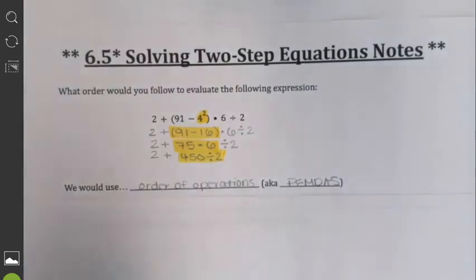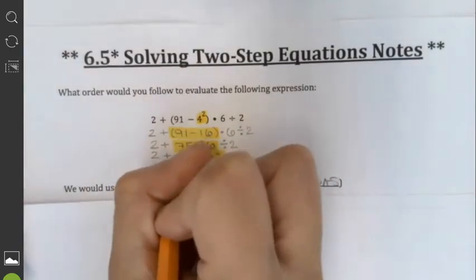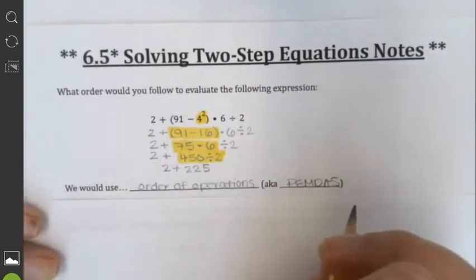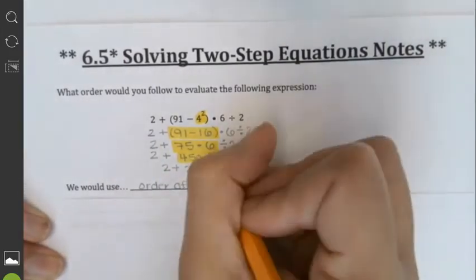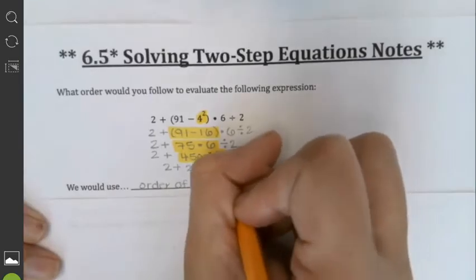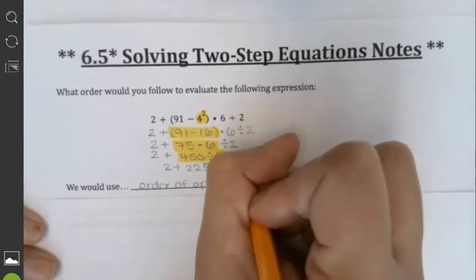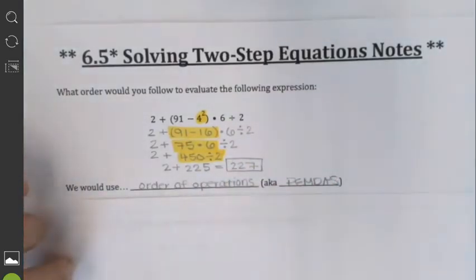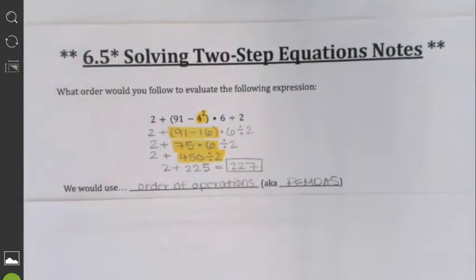And then division. 450 divided by 2 is 225. That gives me a final answer of 227. So that is if we are simplifying an expression, making it as simple as possible, figuring out what it is equal to.